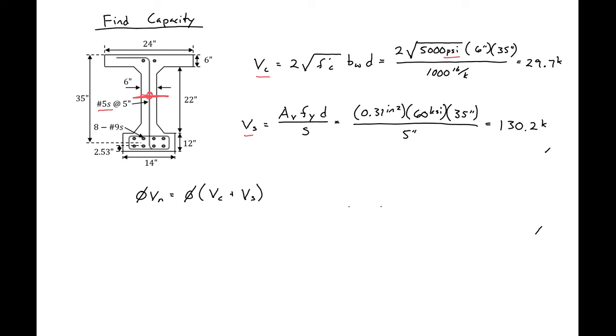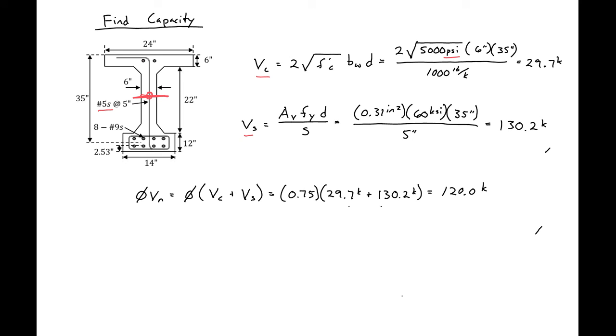So we can find our phi VN then to be equal to phi for shear, which is 0.75, times our VC, 29.7, plus VS, 130.2, and this is equal to 120.0 kips.